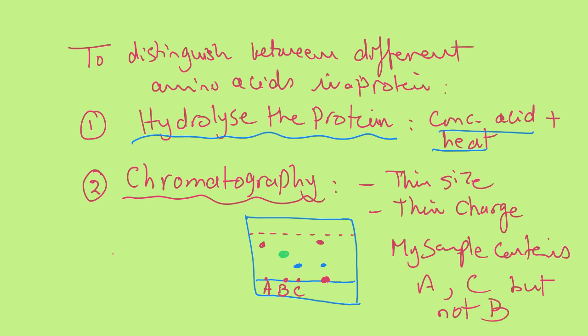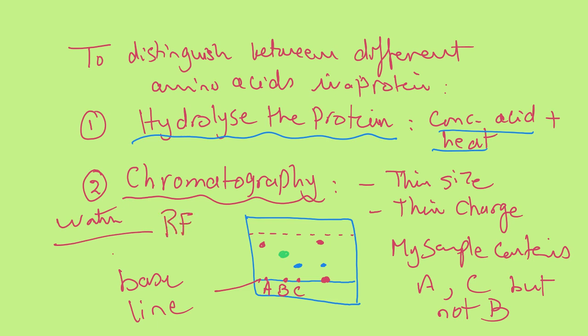Okay, and you know the procedure of chromatography. You get the chromatography paper, draw the baseline with a pencil. Amino acids are very soluble in water, so water will be used as a solvent. Run the chromatography and then measure the RF value.